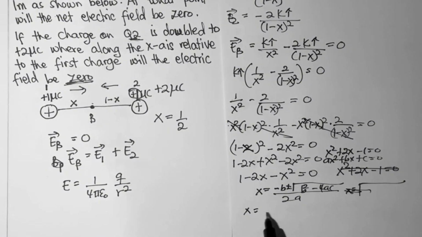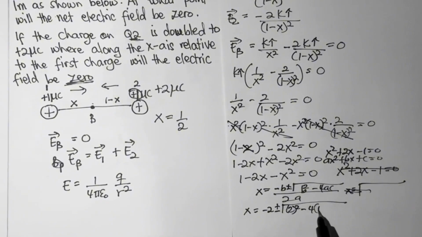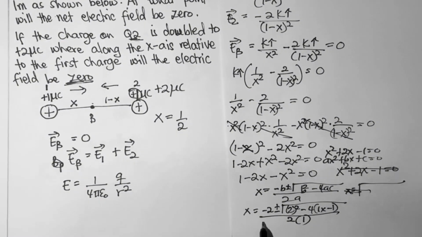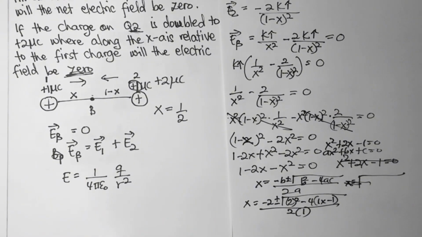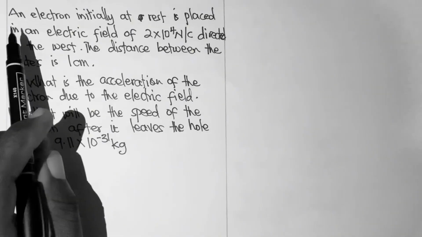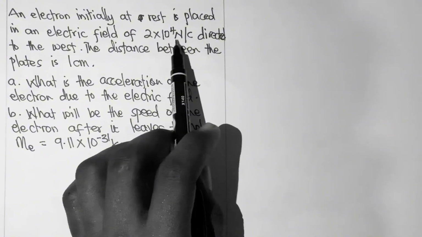So minus b in this case is minus 2, plus or minus the square root of b squared, which is 2 squared, then minus 4 times a, which is 1, times c, which is minus 1, divided by 2 times a, 1. So if you do all of this, you find out that x is equal to 0.414 meters.